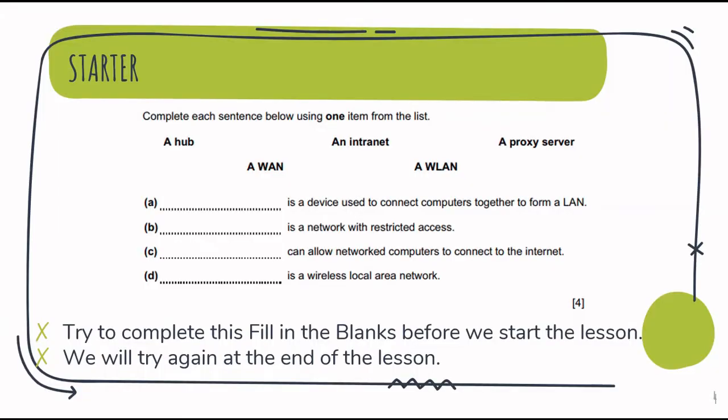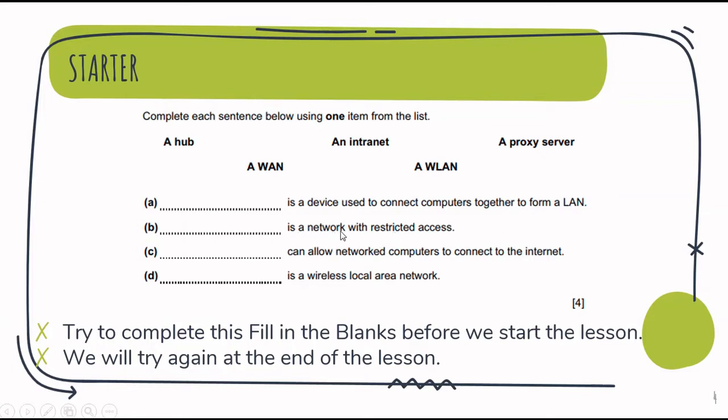As a starter, I have a past paper fill in the blanks question for you. Before we do today's lesson, we will try to complete it and I will not tell you the answers. At the end of the lesson, I will share the answers and then you must be able to get it right. So let's try to see what is the device used to connect computers together to form a LAN.